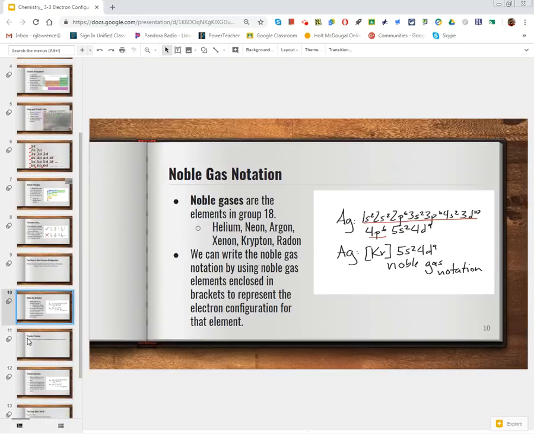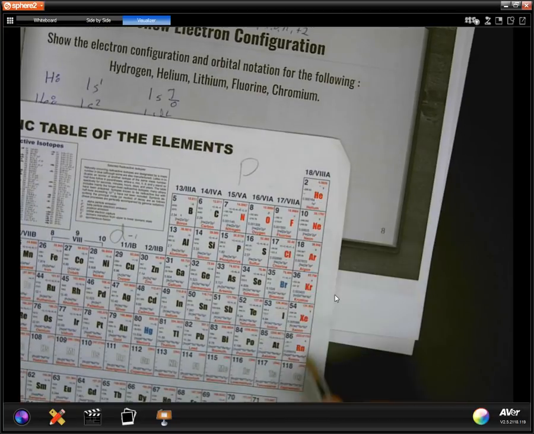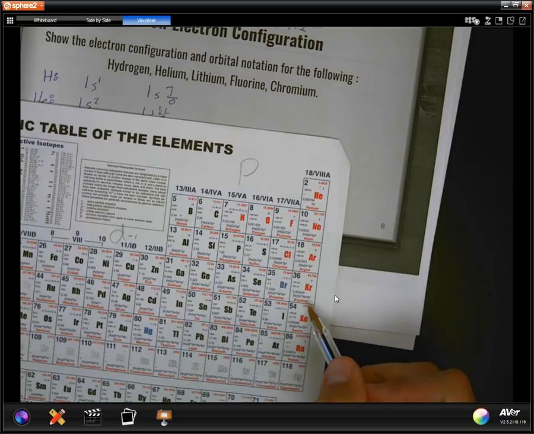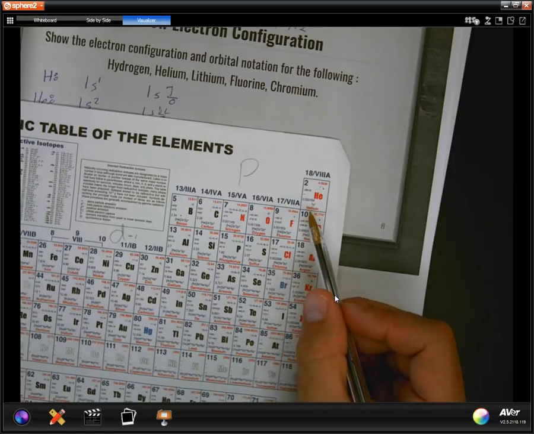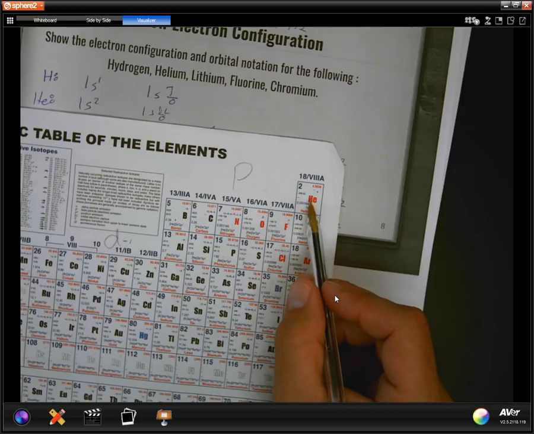Now I got one more notation to show you, and it's called the noble gas notation. Noble gases are the things that exist in that 18th family, or that 8th family, however you want to call it. These noble gas families actually have full energy shells. So when I have helium here, he actually filled up the entire s orbital.